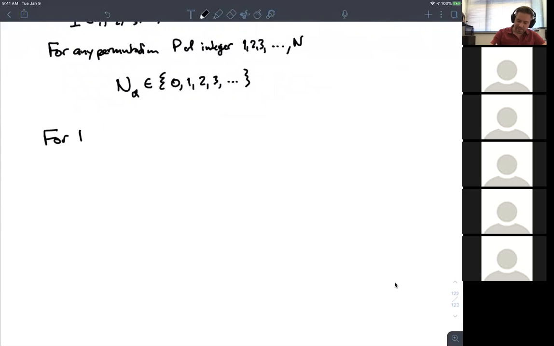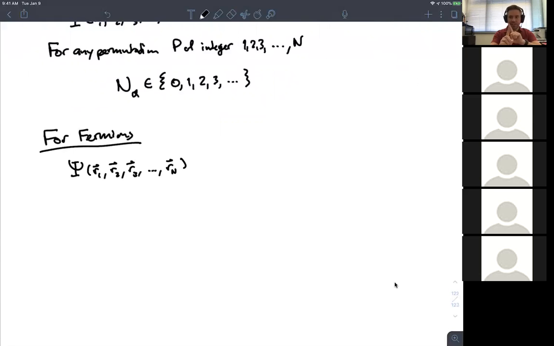For fermions, if I have a multi-particle wave function R1, R2, R3, up to Rn, and I exchange, again, particles 1 and 2, say, then I have to get a minus sign.